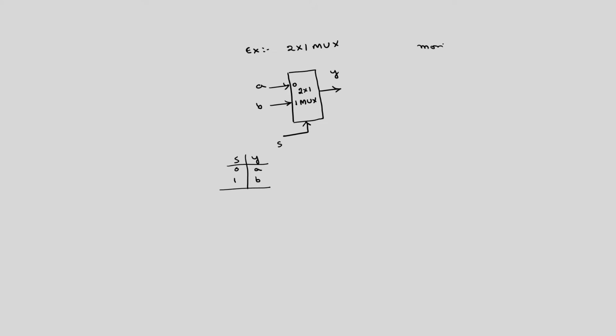So, module 2 by 1 mux, output is Y, inputs are A, B and the selection signal S. And because we are going to use procedural assignments, the target output must be a register.